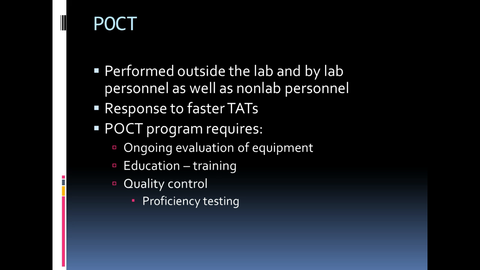Point of care testing also needs quality control. Point of care testing refers to testing performed outside of the lab and can be by lab personnel versus non-lab personnel. Medical assistants and nursing are a few. And there's a fast turnaround time. It requires ongoing evaluation of the equipment, education and training, and quality control.